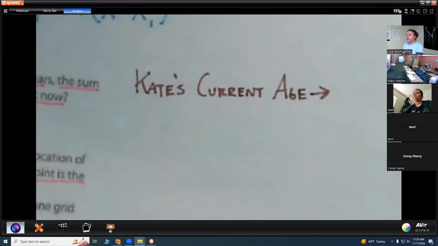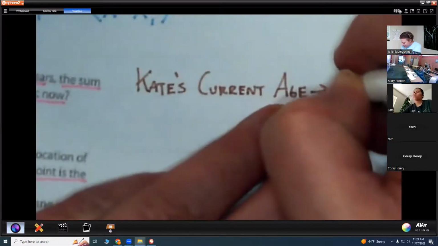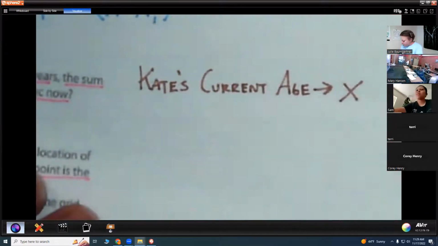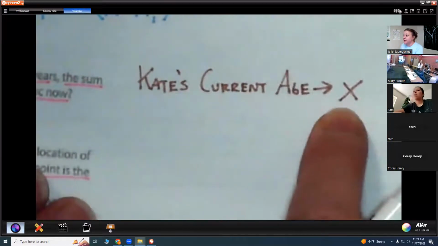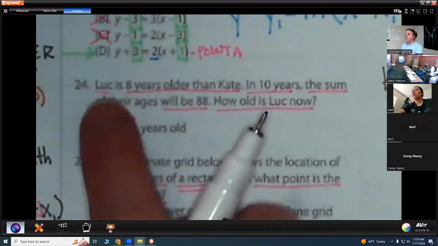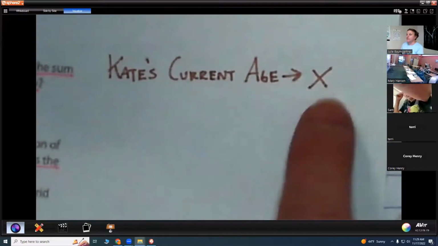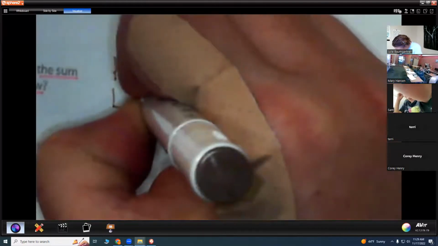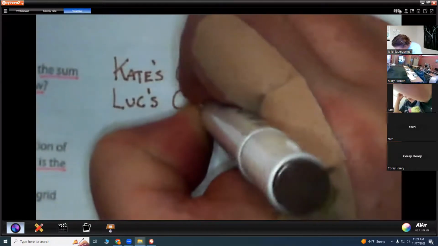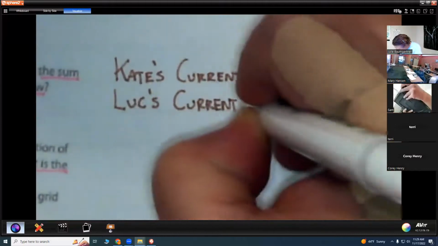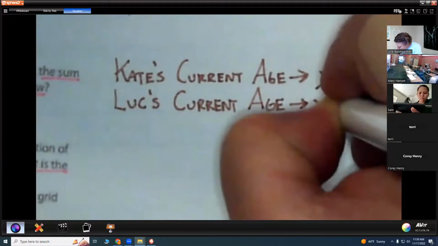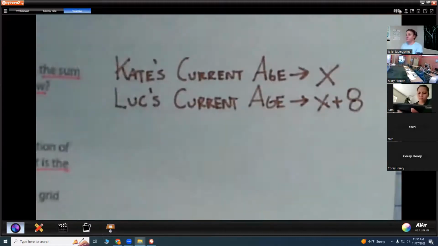Kate's current age is the first thing we don't know. But then if this is Kate's current age, how could we talk about Luke being 8 years older than Kate in terms of Kate's age? X plus 8. Okay.